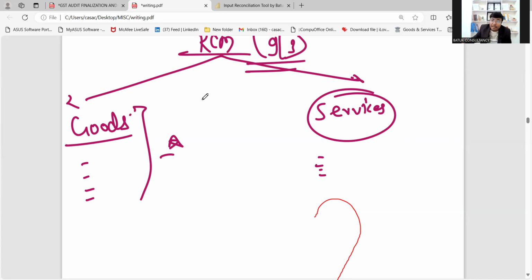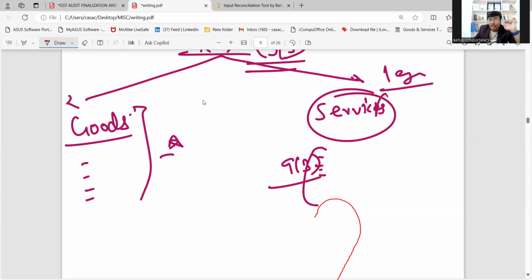Also check whether there is any expenditure booked which is in section 9, subsection 3, and in that case, check whether RCM has been paid or not. For services, for example legal expenditure, freight, director fees. All these types of things fall under the definition of RCM.